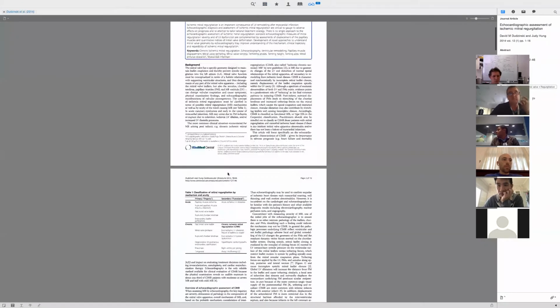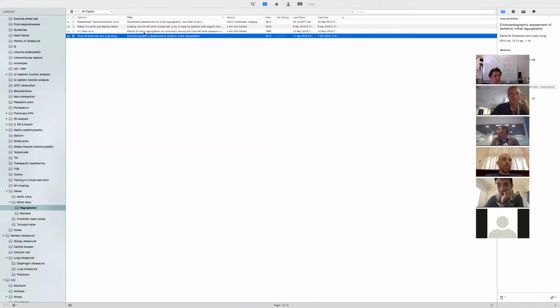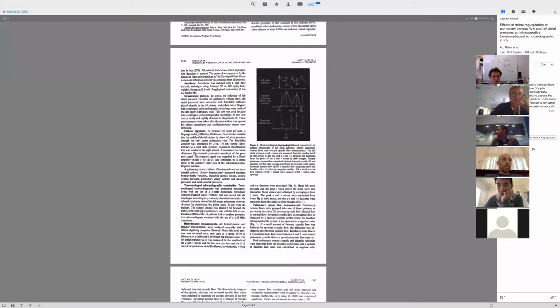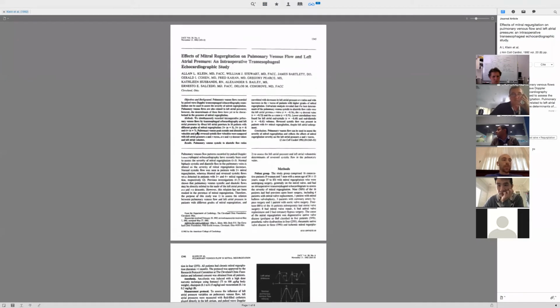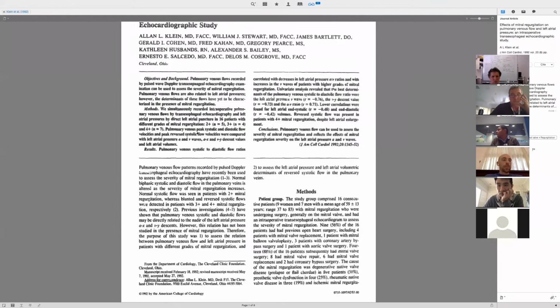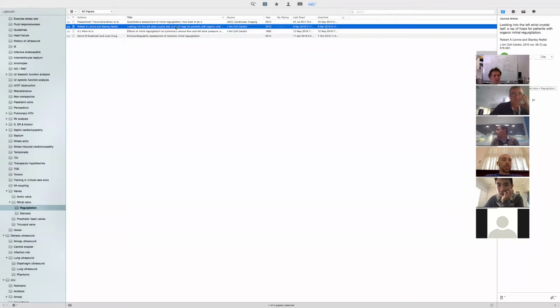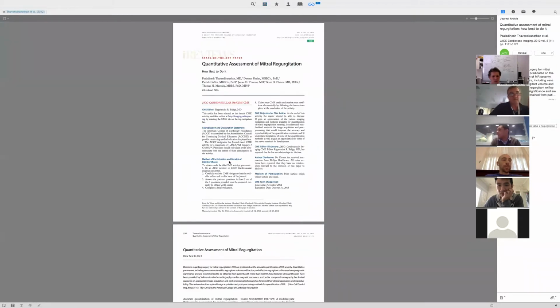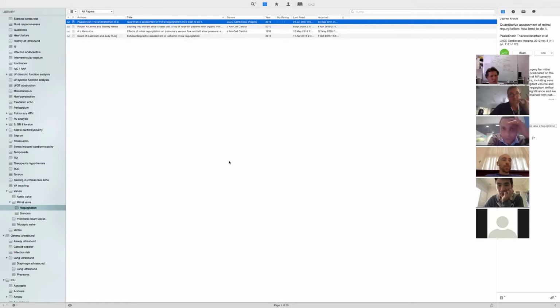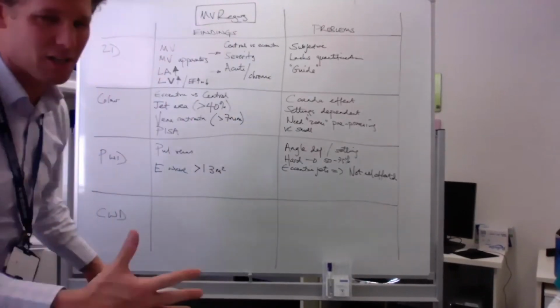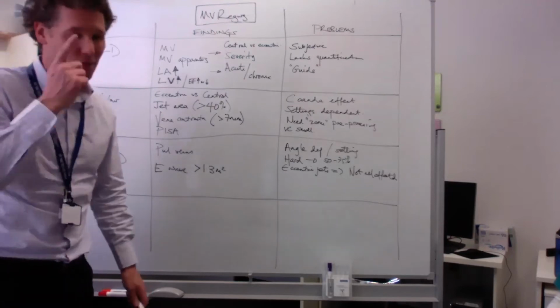Sorry, I can't find it. Basically, they've done studies and it's got pretty good sensitivity and specificity. About 1.3 is the cutoff. Sorry, I'll try and find that and send it around.